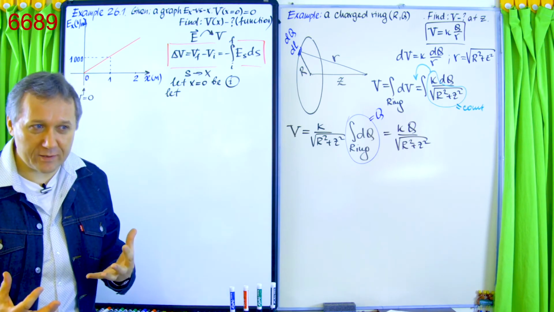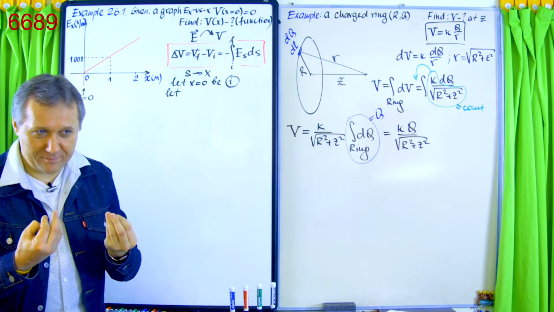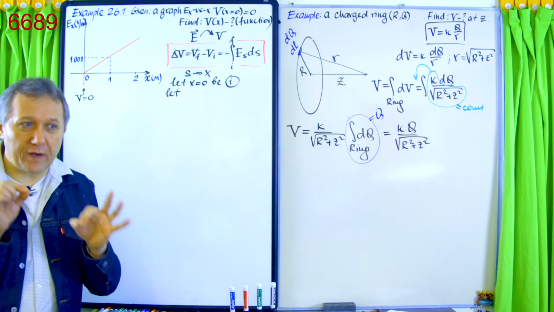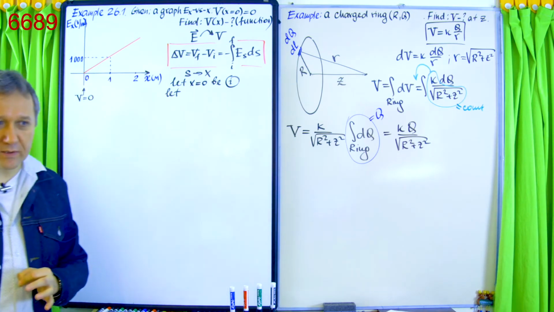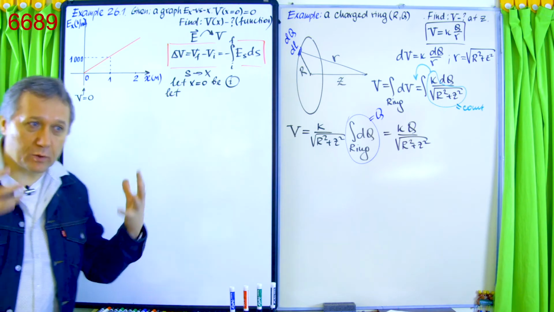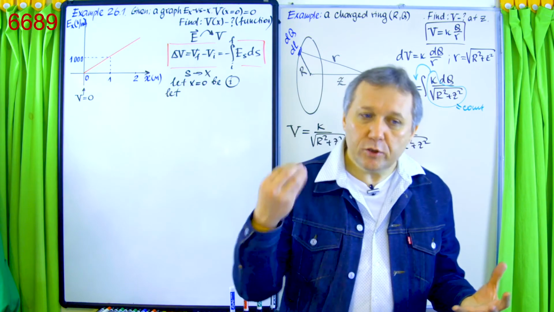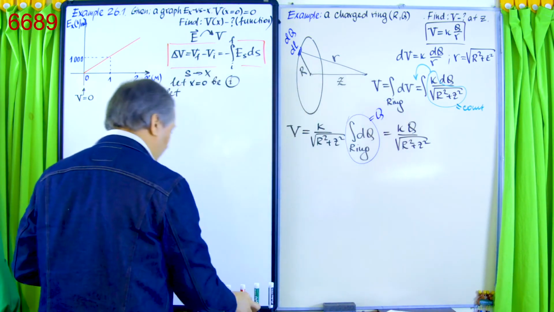So what do we have to take? Some arbitrary point x in order to find the function. Again, if the question was about finding potential at a particular point, yeah, then we would take that point as our final point. But now, since we want to find a function, we need to take an arbitrary point x somewhere on the x curve, right?